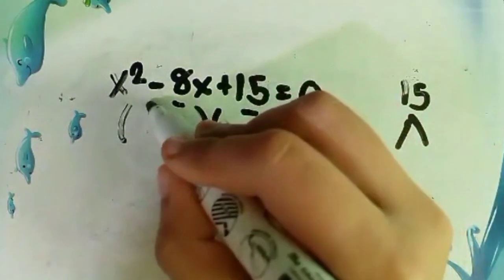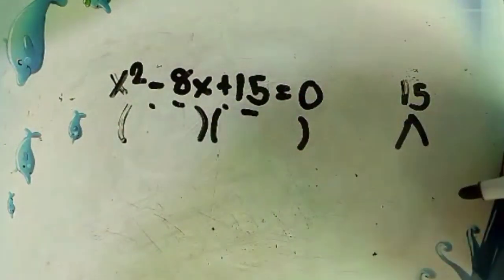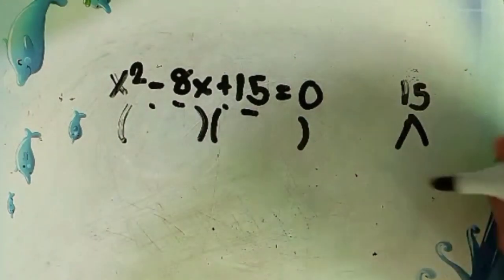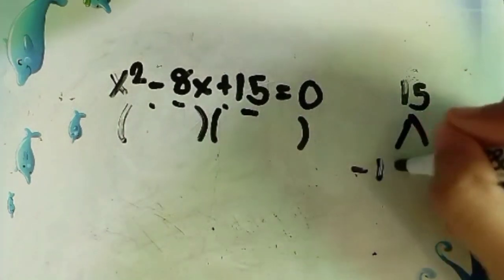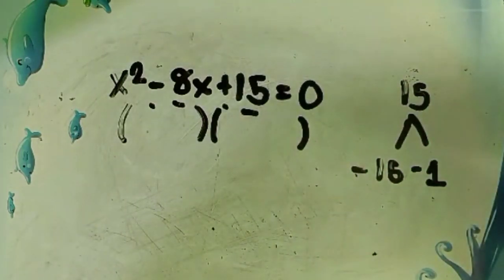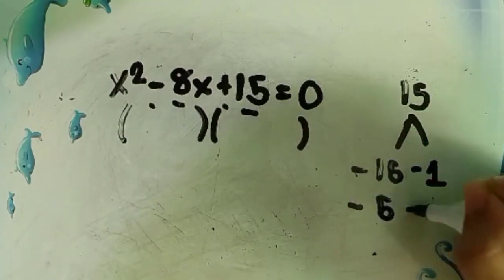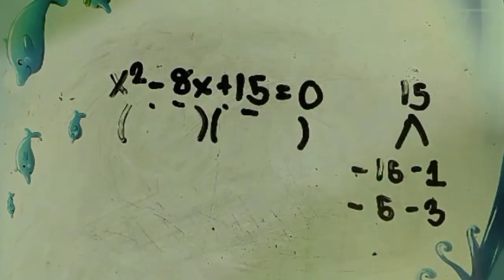Since this one is negative and this is positive, we will assume that the factors must both be negative, so the factors of 15 are negative 15 times negative 1. Another possible factors are negative 5 times negative 3. Among these factors, which of these is correct?